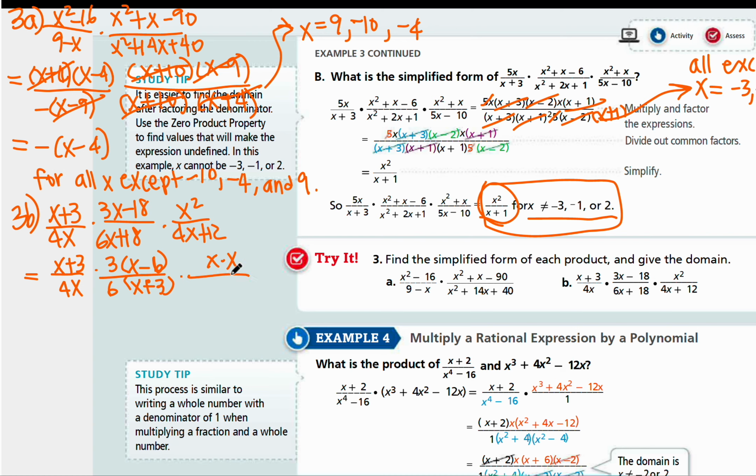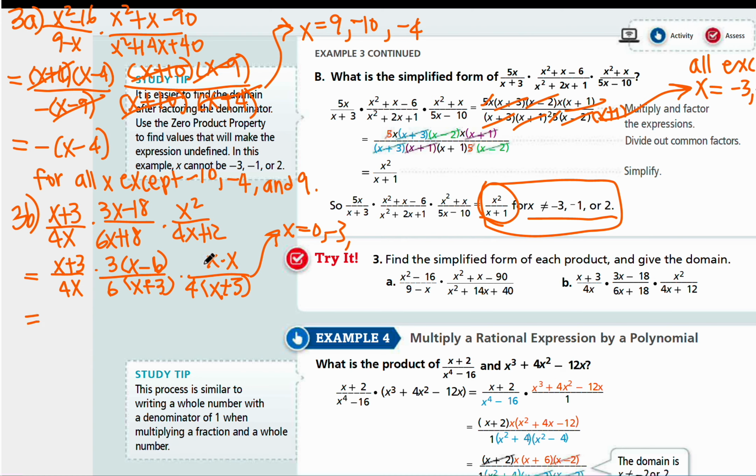You can just write x squared, but I just want to cancel them out easily, so 4 times x plus 3 would be the greatest common factor for 4x plus 12. And now we're done factoring everything. So let's find the restriction. The zeros would be 0, and then -3, and -3, right? So 0, just 0 and -3.